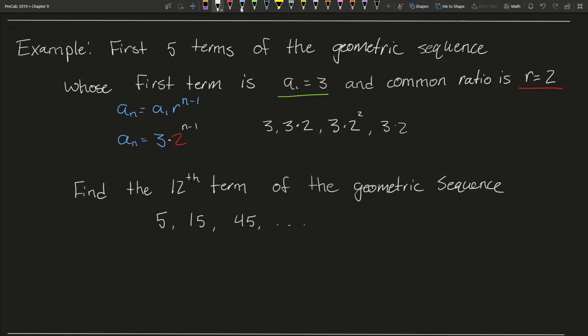And then cubed. And then to the fourth. Questions about that example?